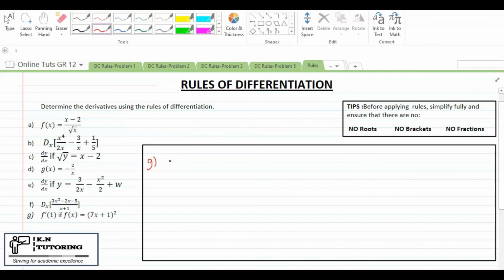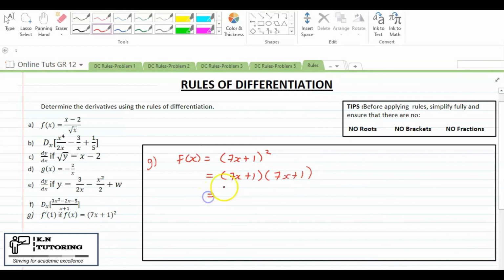But first I must find the derivative. I'm given that f(x) = (7x + 1)². So I have a bracket, and I must get rid of the bracket. So this will be (7x + 1)(7x + 1).